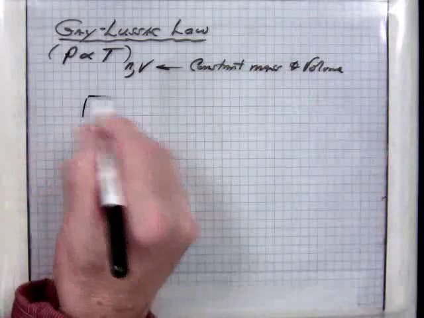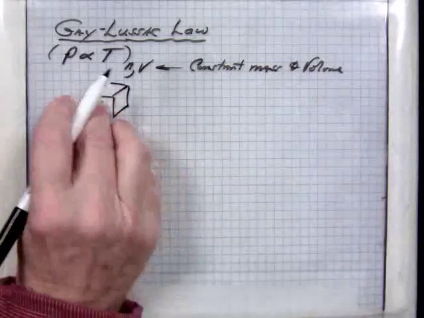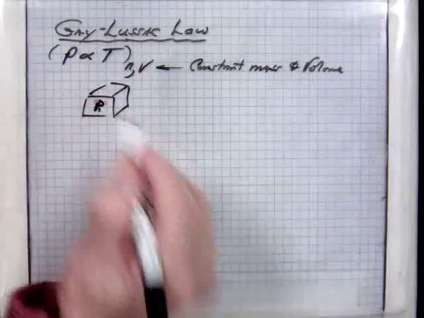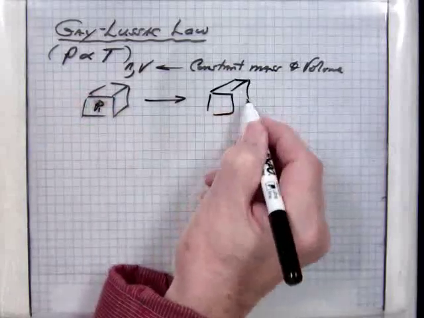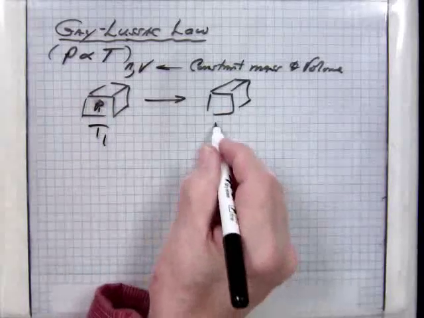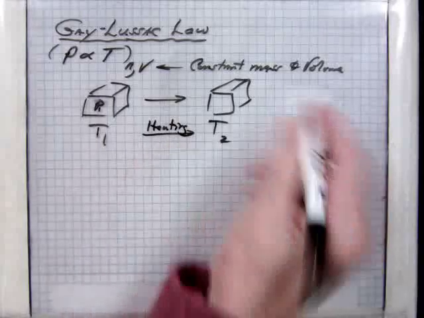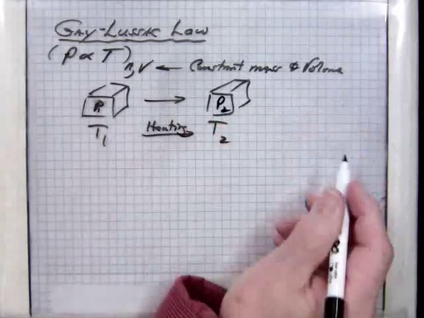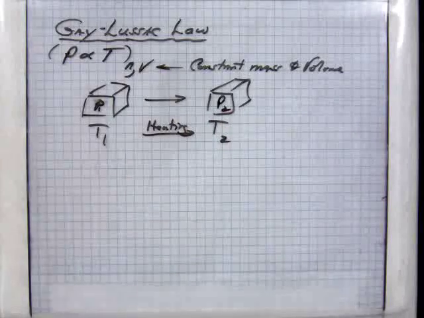So if you have a gas in a box at pressure 1, and you go to a gas in a box at pressure 2, by heating, so temperature 1, temperature 2, heating, what will pressure 2 do? Increase, right? I think everybody knows that. It's like heating a confined pressure cooker.